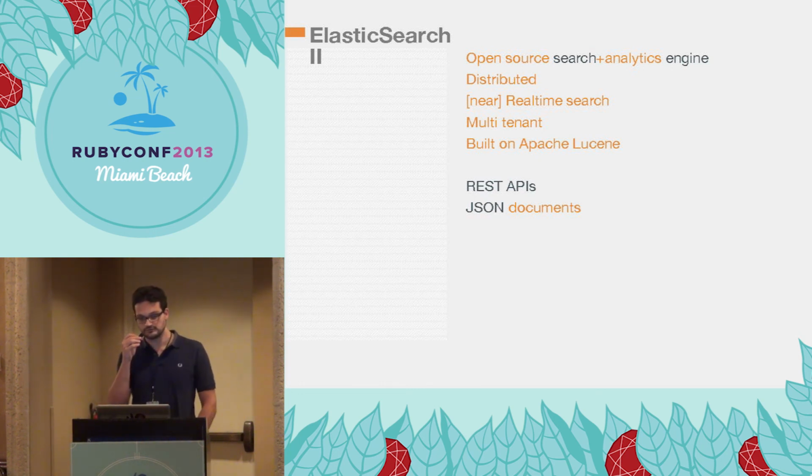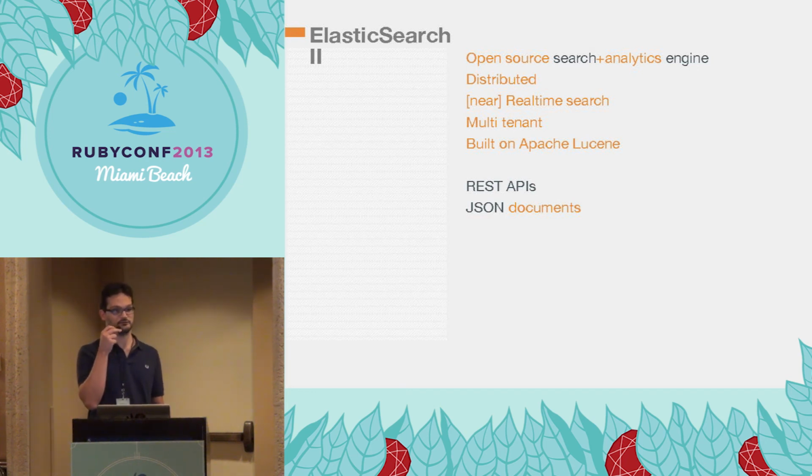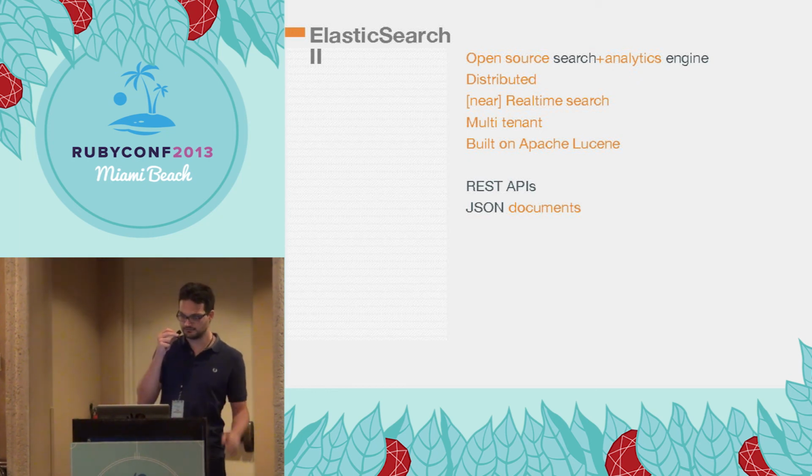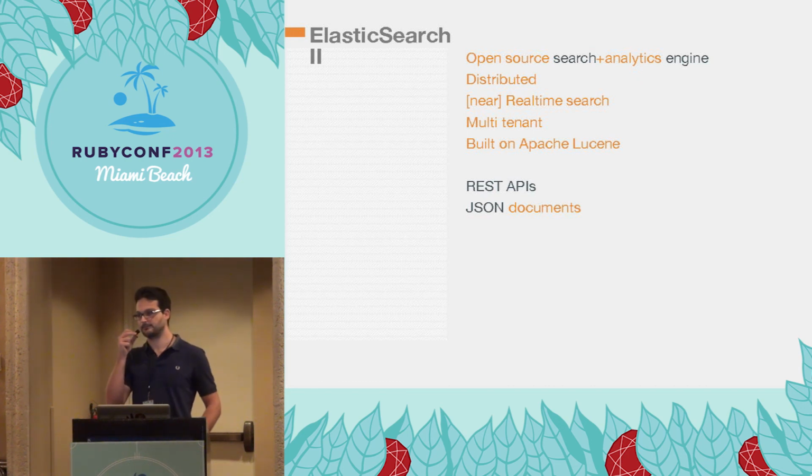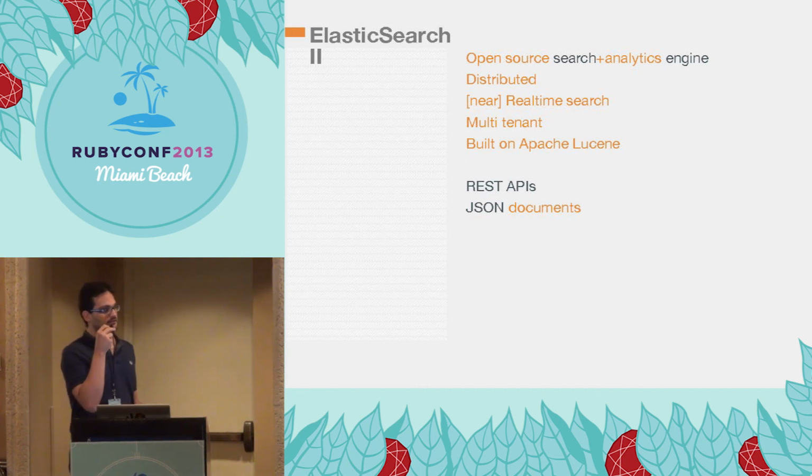It supports near-real-time search. That in short means that you can index new data, and almost in real time you can have this data available for search. It's multi-tenant. That means that you can have multiple indexes, not just one. And you can do cool stuff, as in you can swap indexes and the application doesn't see any change.